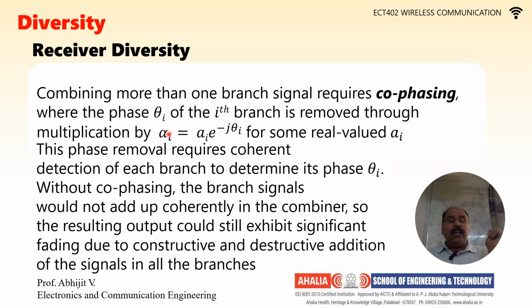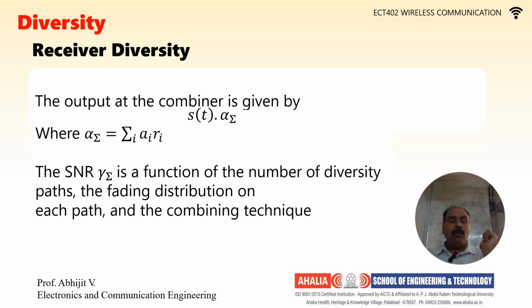The phase phi of the ith branch is removed through multiplication by a multiplicative factor. We call that factor alpha I. In that case, the combined output at the combiner is given by S of t into alpha sigma, where we are adding up all the weighted sums.